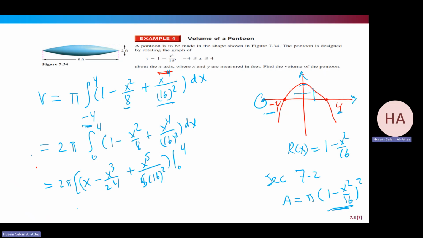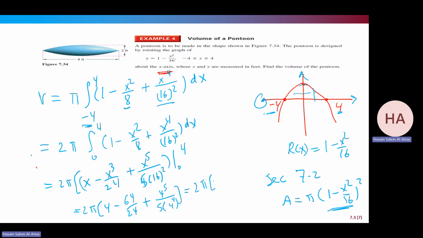Okay, so I have what? 2 pi, this is 4. 4 cubed is what? 64, which is 16 times 4. 64 over 24 plus. Here I have 4 to the power 5 over 5. This is 4 squared, which is 4 to the power 4. To make the calculation easier, the 0 would make it 0, who cares?